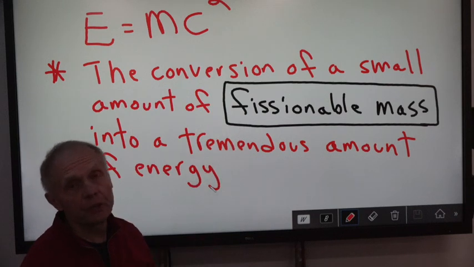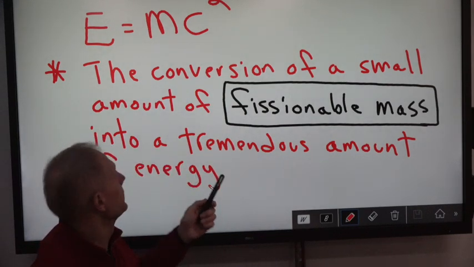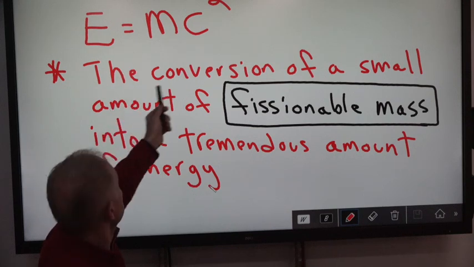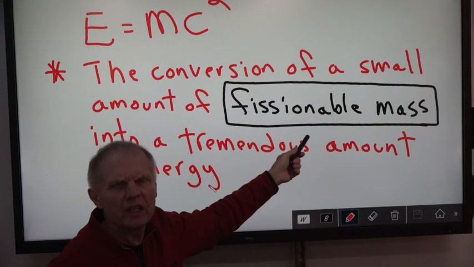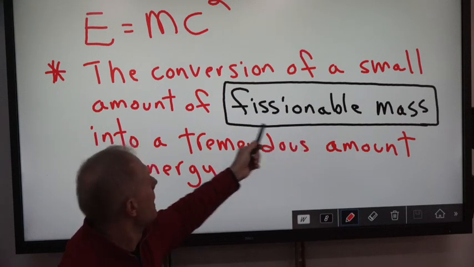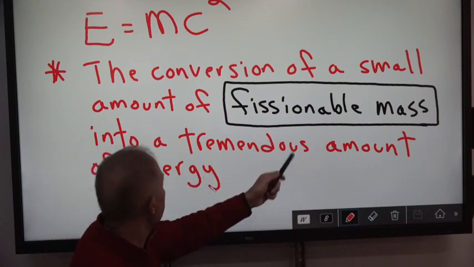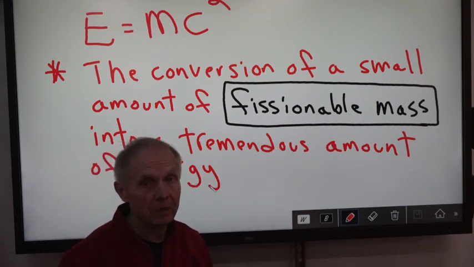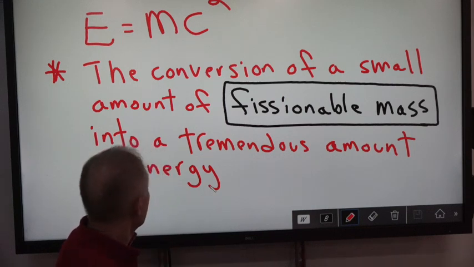There's E equals mc squared. I already told you what that stands for. And here is what the deal is. That formula, the conversion of a small amount of, and there's that word again you don't know, we will in a minute, a small amount of fissionable mass into a tremendous amount of energy. Remember the 2 pounds and the 20,000 tons of TNT? Yeah, that's a lot.